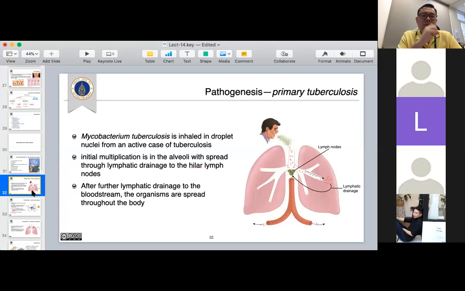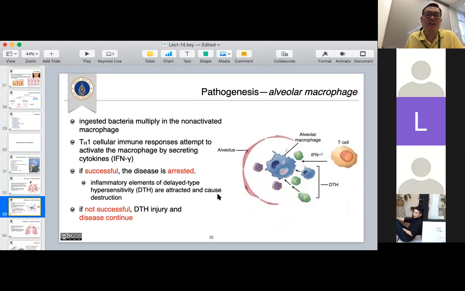So the bacteria travel with small droplets of saliva, and then another person inhales the droplet, and it goes to the respiratory tract. Okay, the bacteria localize in the alveoli, and immune cells come to digest the bacteria.